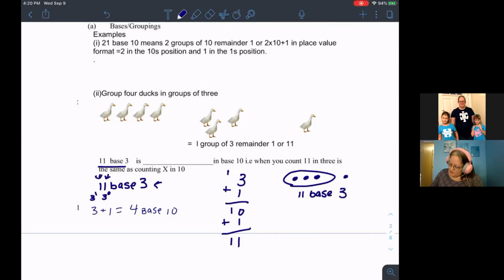And to change that into 4 base 10, it's not a group because it's still only 4 ones. It doesn't have the 10s place. We haven't made a full set of 10 yet. So 11 base 3 is 4 in base 10. Hope that makes sense. If it doesn't, let me know and I can explain it. I had to rewrap my brain around it too.